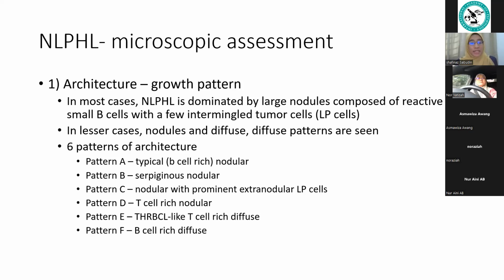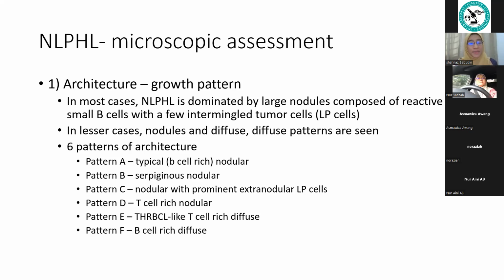Pattern A and B are the typical classical nodular patterns, which we most of the time encounter when we assess nodular lymphocyte predominant Hodgkin lymphoma. Pattern A, you have typical B-cell rich nodules. Pattern B is a serpiginous nodular pattern. Pattern C is still nodular, but you have a lot of prominent extranodular LP cells. Pattern D is still nodular, but the background cells are now composed of T-cell rich lymphocytes.